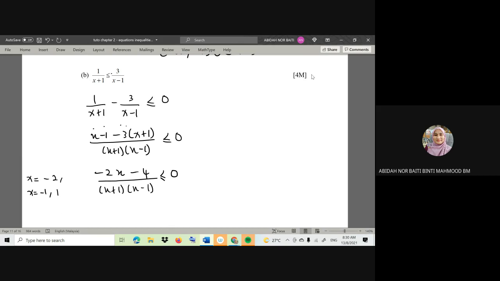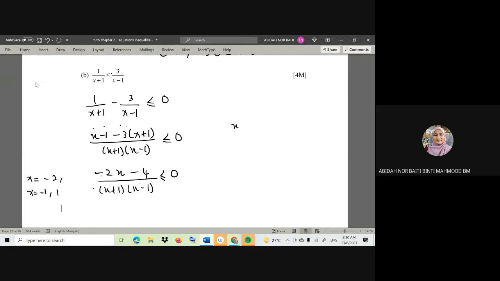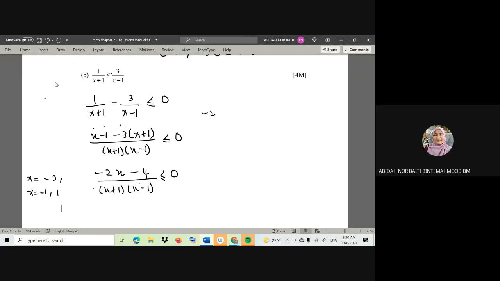For rational inequalities, we use a table of signs. Here we have 3 linear factors: negative 2x minus 4, x plus 1, x minus 1. Then we use the table of signs: negative 2x minus 4, x plus 1, x minus 1, and answer.